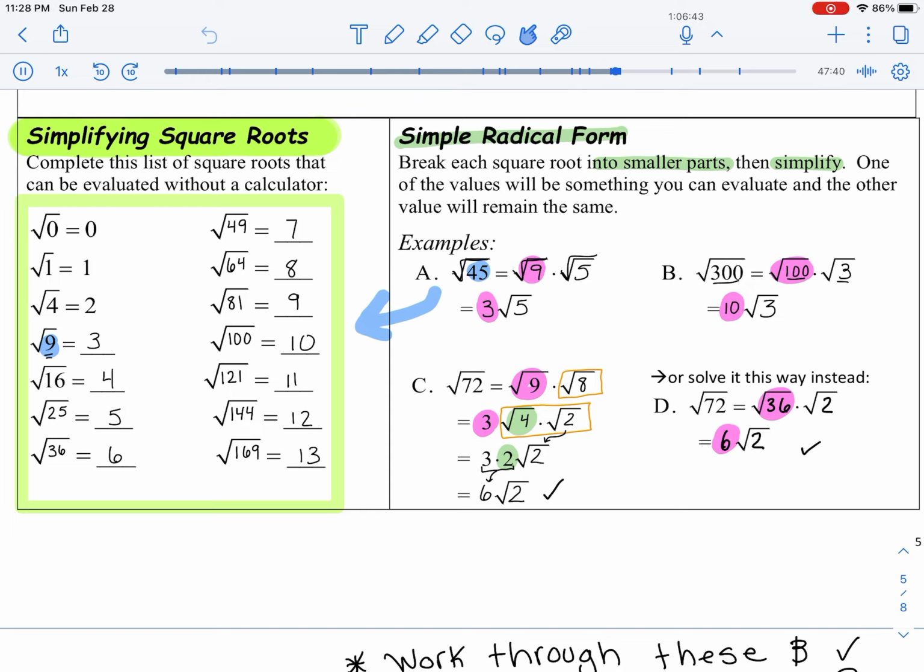Both methods are fine. Part D is like the, I automatically see the largest square root that goes into 72 method. And C is the, I'm not sure what the largest square root is, but I know for sure that 9 goes in, so I'll start with there. Either way works, as long as you get to the final answer of 6 times the square root of 2.